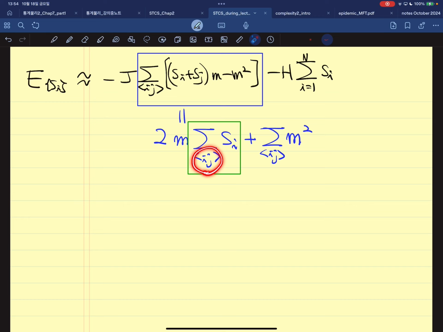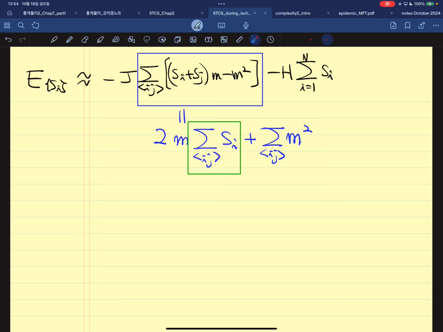I always emphasize that this interaction term is really complicated. But here, it can be simplified much more easily because there's no J term in the summand.